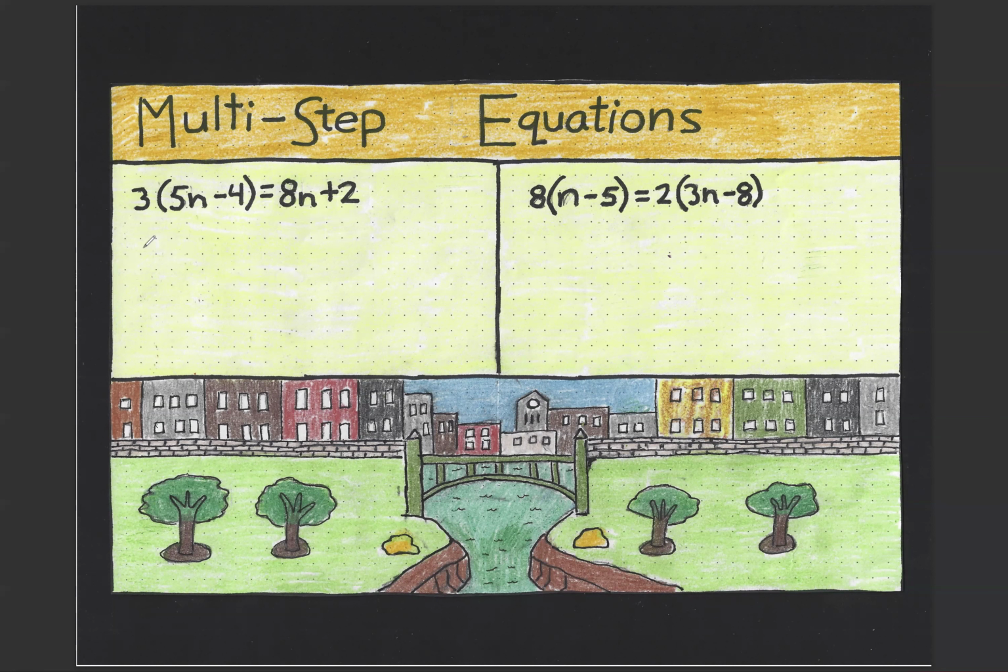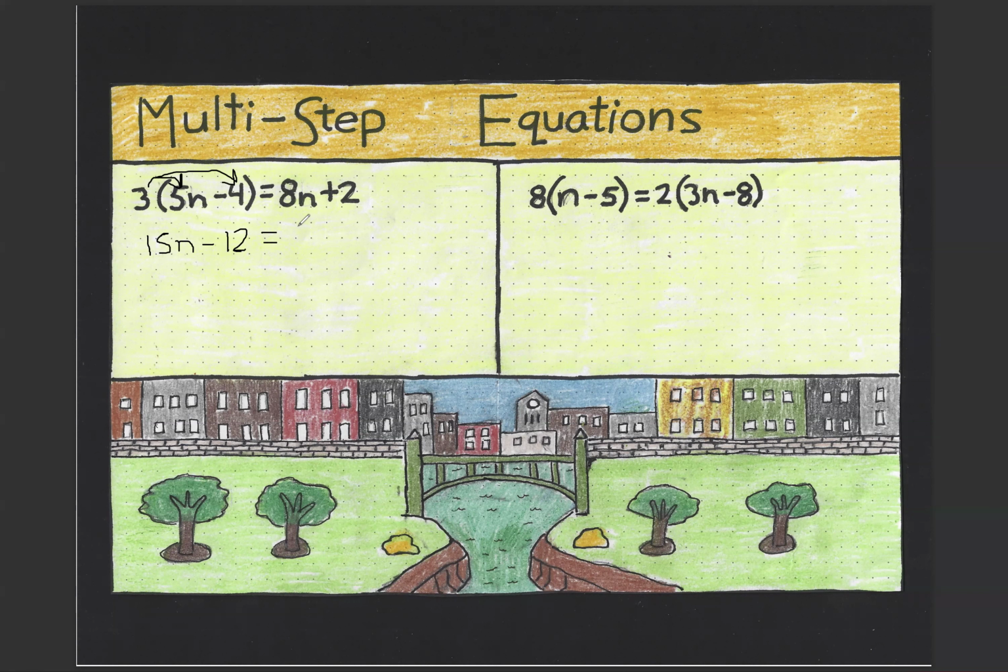And let's begin with our first equation, in which we're going to distribute the 3 inside the parentheses, just like we're doing right now. And when we go 3 times 5n, we will get 15n minus 12, because 3 times a negative 4 will give us a negative 12.